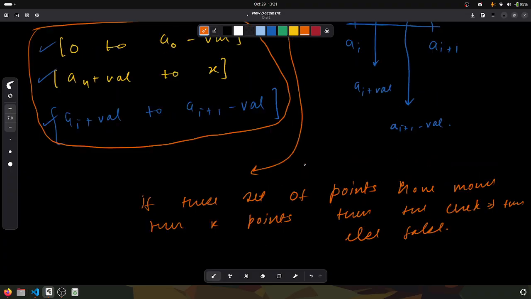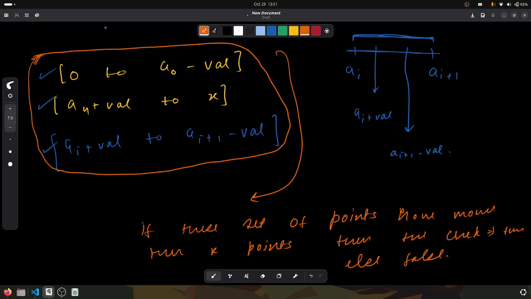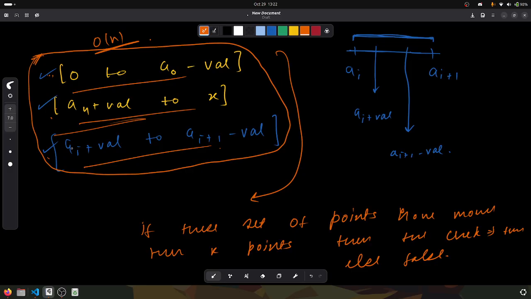So we can just do this in O of n, since we simply need to add the number of points here, the number of points here, the number of points here, and see if it is more than k. We can do this in O of n because there are only n plus 2 ranges actually, n are here and 1 and 1. And that will be our check function.